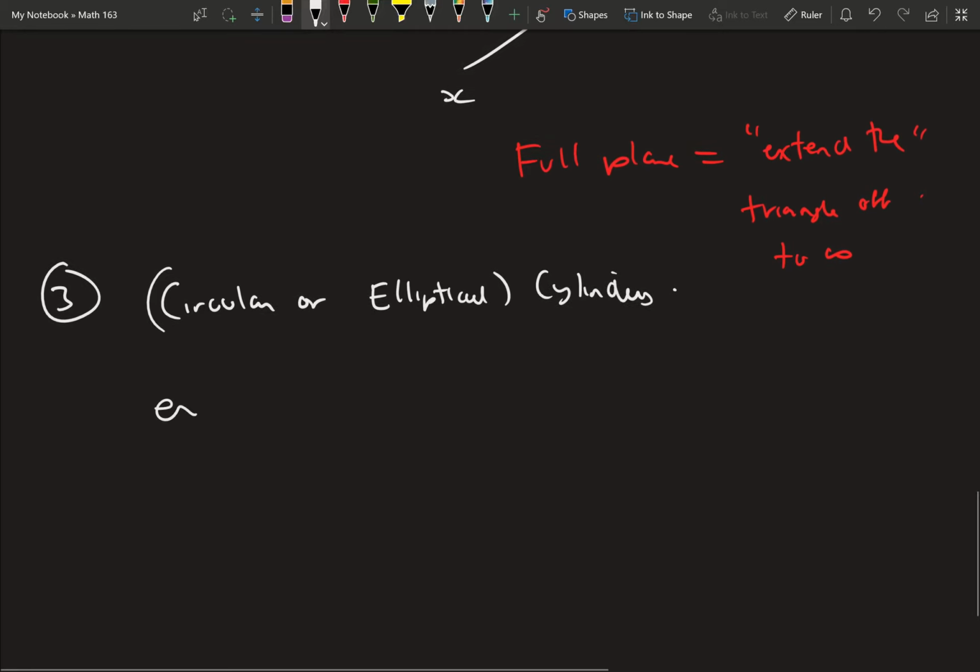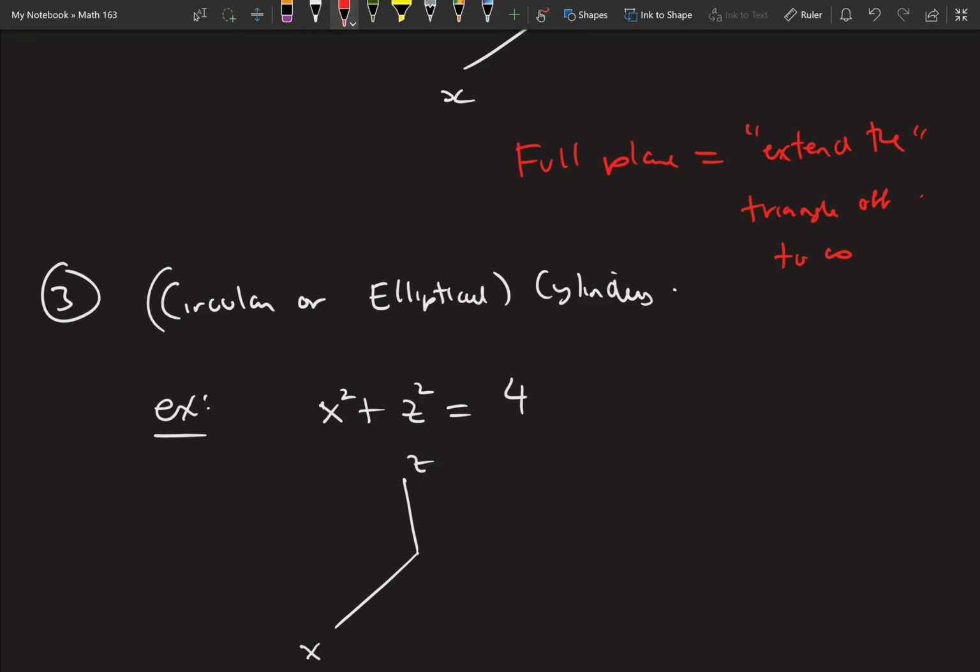So let's do a quick example. We've also actually seen one of these. So let's take, let's say x squared plus z squared is equal to 4. So that in the xz plane, we have essentially just a circle. So here's x, here's z. And our graph would just be a circle in this plane, where the y-axis is stretching out in this direction. And since y is free, this just extends out to an infinite cylinder in the y direction.